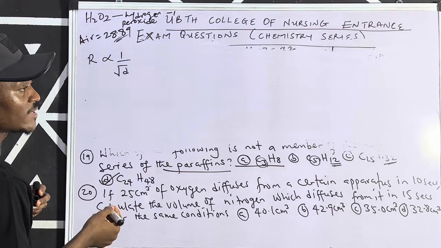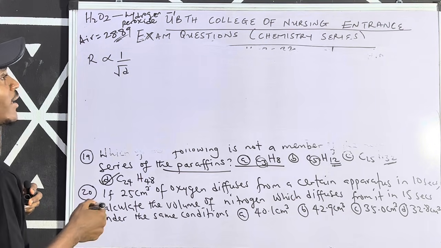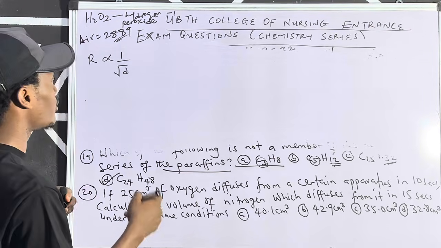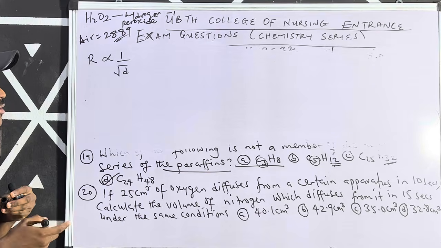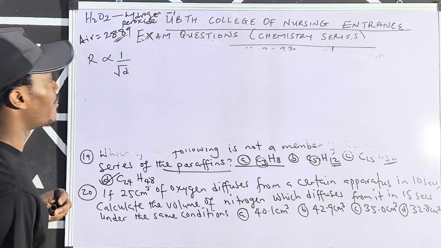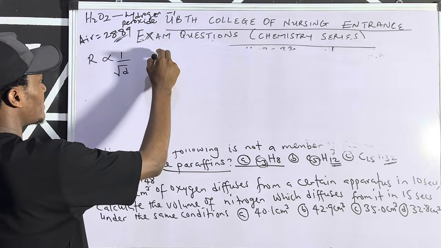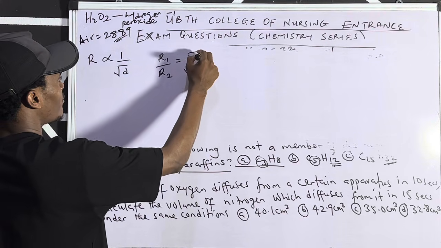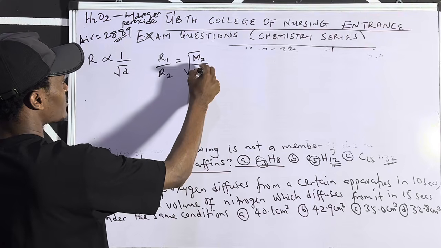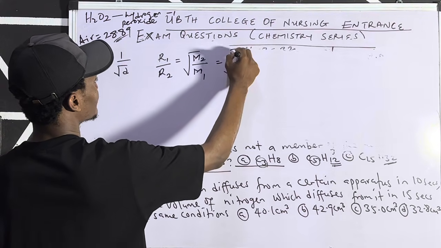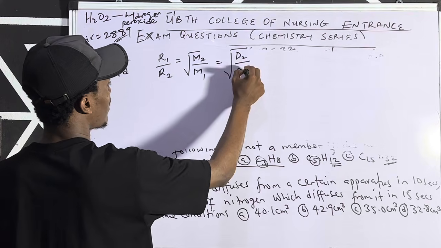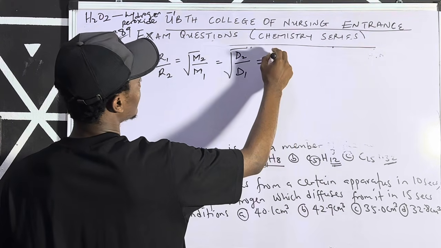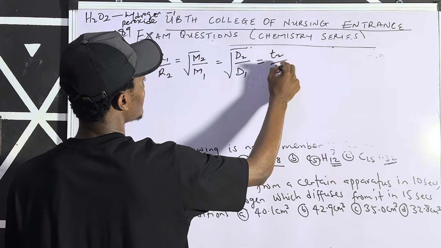And you know that the vapor density of a gas is actually half of what is known as the molecular mass. So for you to obtain the molecular mass of a gas, you have to multiply the vapor density by 2. And I guess you must have seen something like this as an expression. Not to waste much time, then you have molar mass 2 over molar mass 1 equal to d2 over d1, which is equal to T2 over T1.